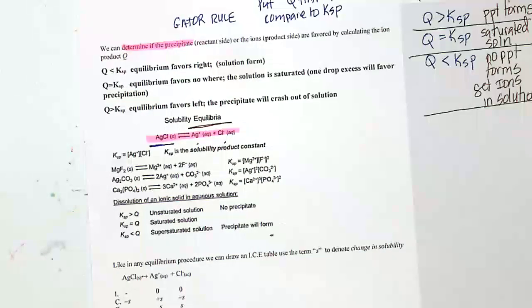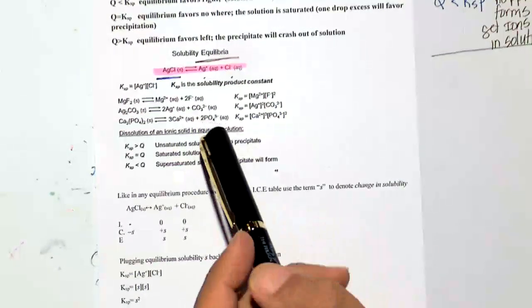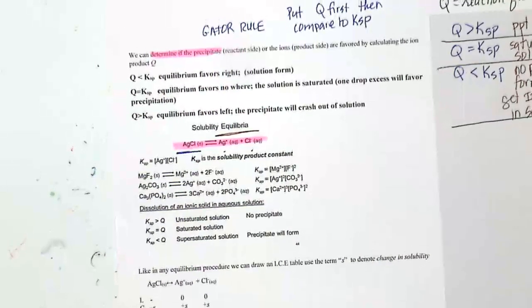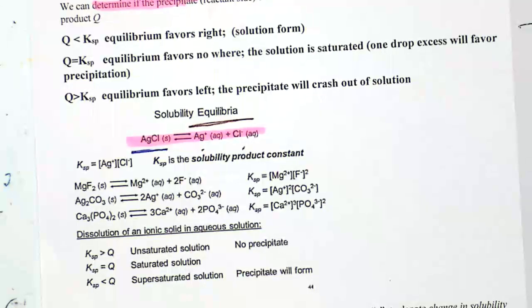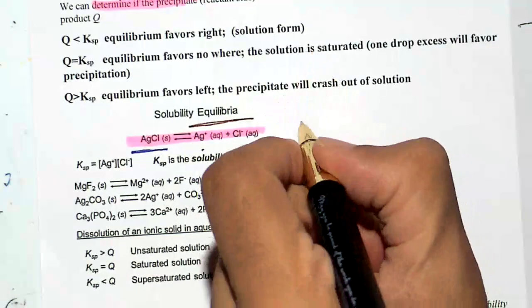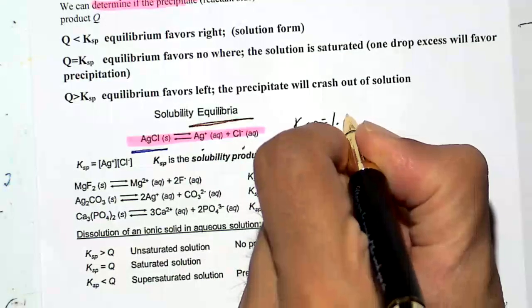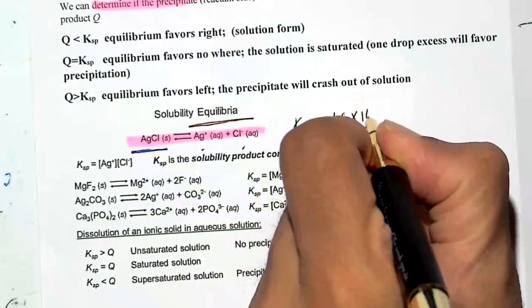All right, let me see our next page here. Let's do this problem, and then we'll see how far we can get. The KSP you can look up is 1.6 times 10 to the minus 10.